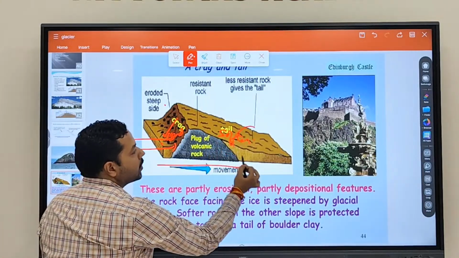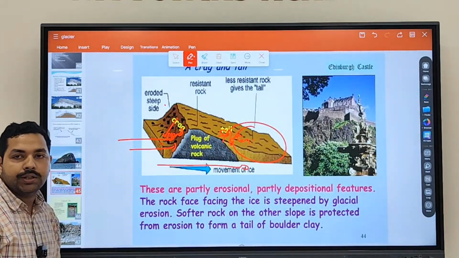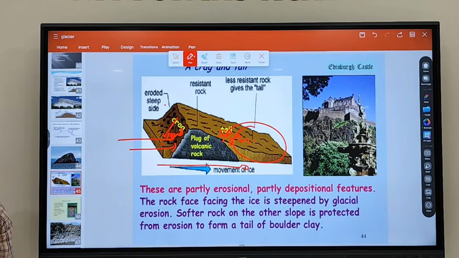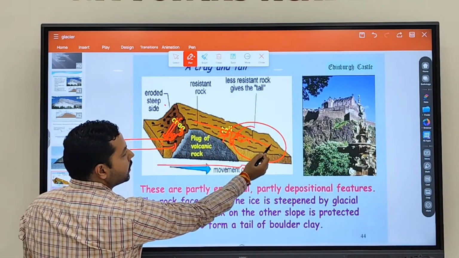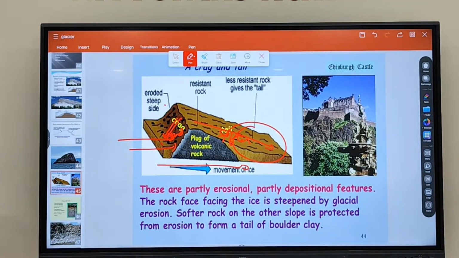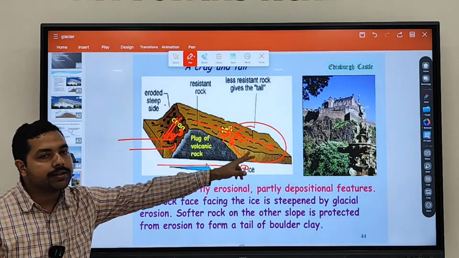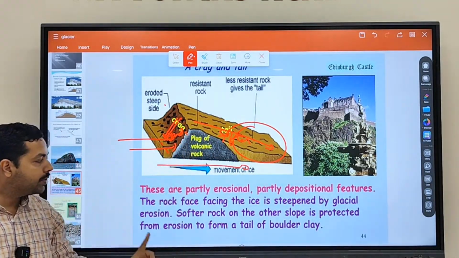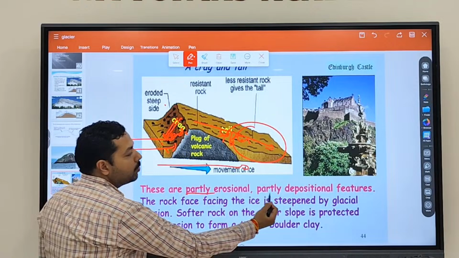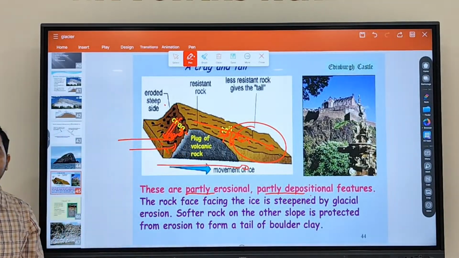It is encountering the harder rock, while the softer rocks are protected from the erosion, and as a result what will happen? This part is referred to as a crag and this part is referred to as the tail. Okay, so the softer part is referred to as a tail. This part is referred to as the crag. Clear? So it is written as it is partly erosional and partly depositional feature.